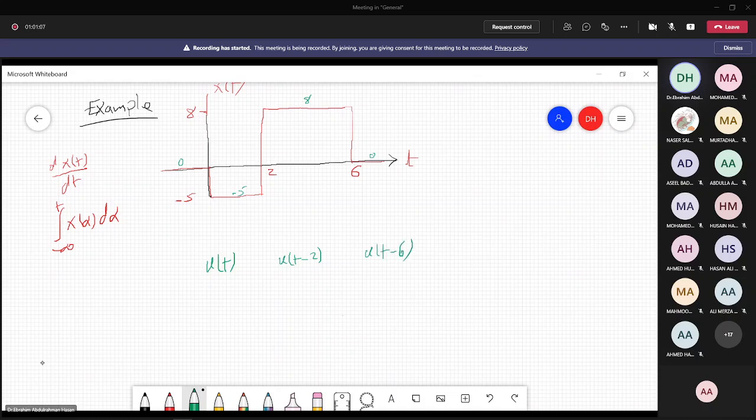What to put here? For the first one, it is minus 5 minus 0, so it is equal to minus 5. Here it is 8 minus minus 5, which is plus 13. And here it is 0 minus 8, so minus 8. That's all. This is my x of t.